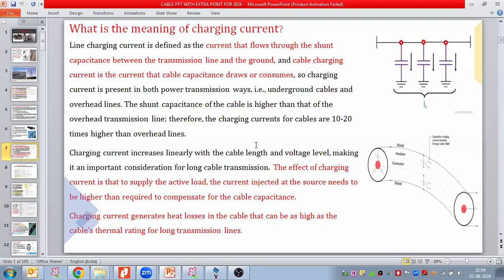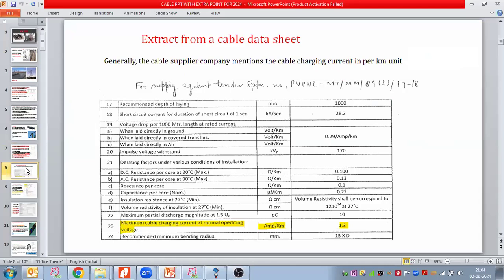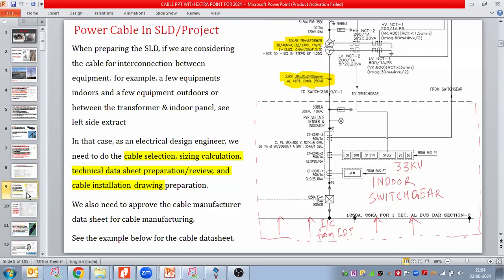We also discussed that the same charging current is indicated in the cable data sheet. So when we review the cable data sheet and this term comes up, are we familiar now with what the cable charging current means? What does it stand for?